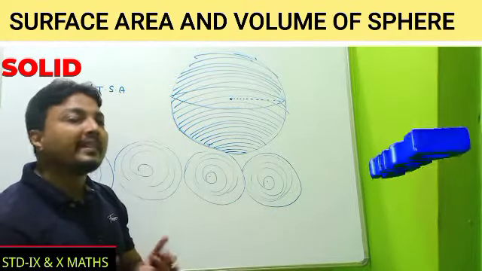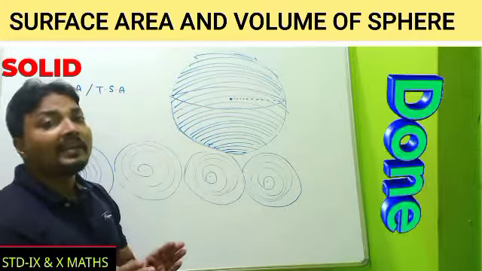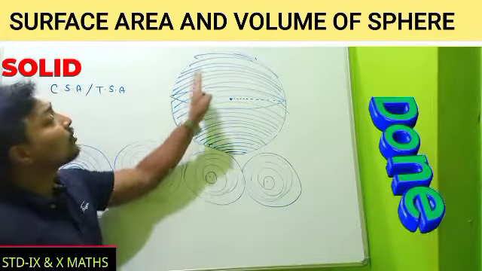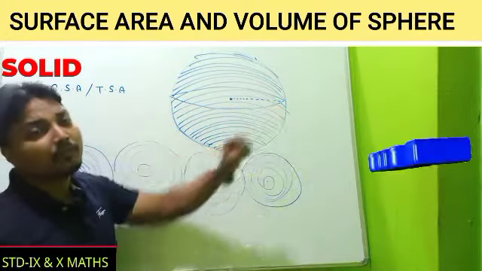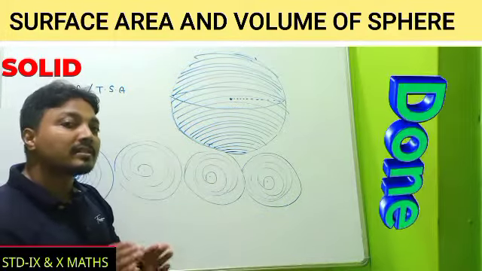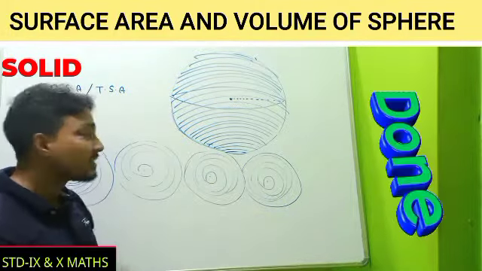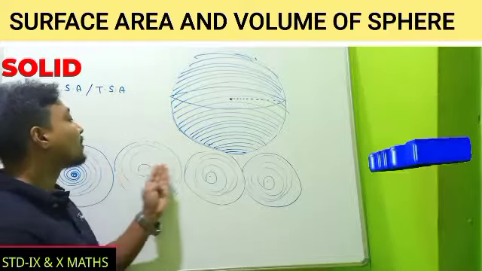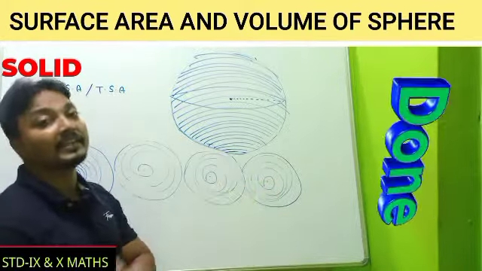So the curved surface area of the sphere is the same as the area of 4 circular regions with that radius.